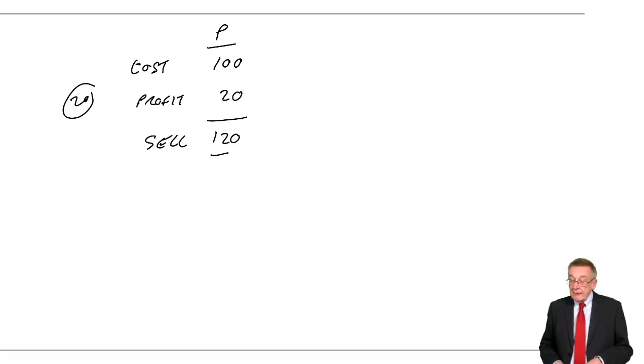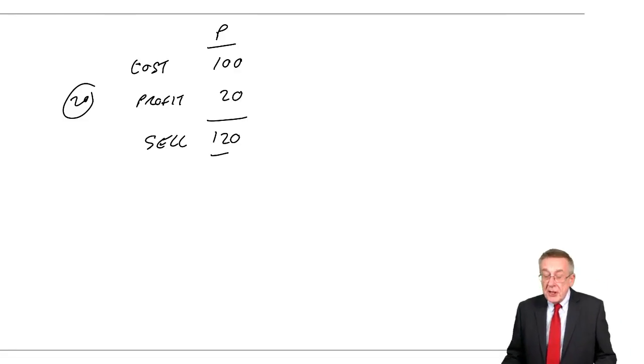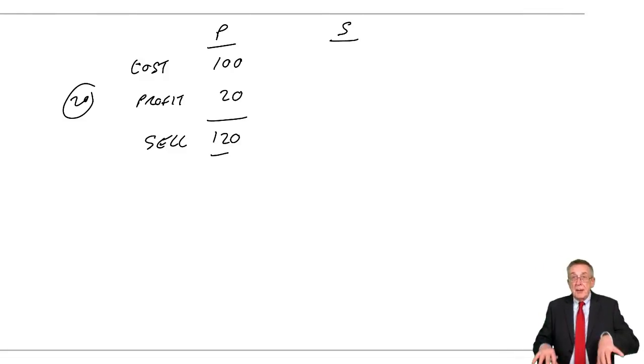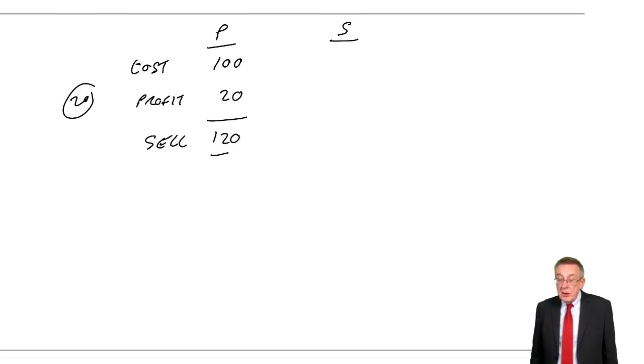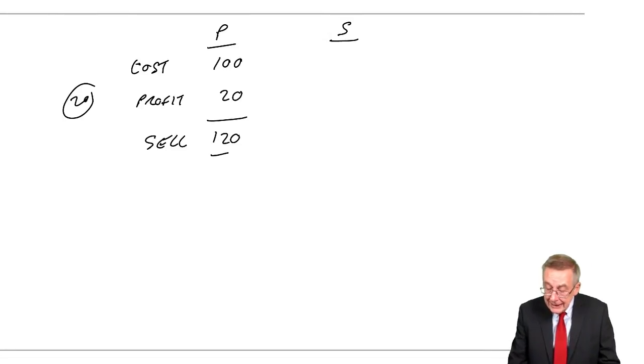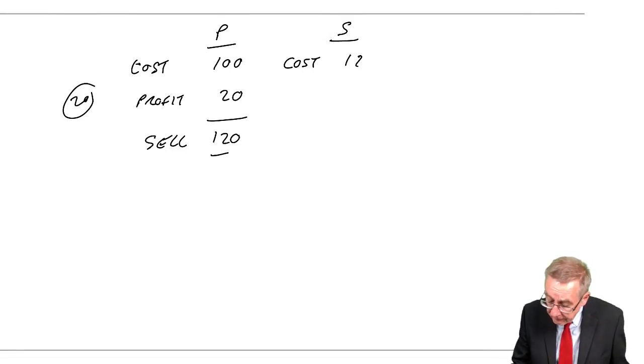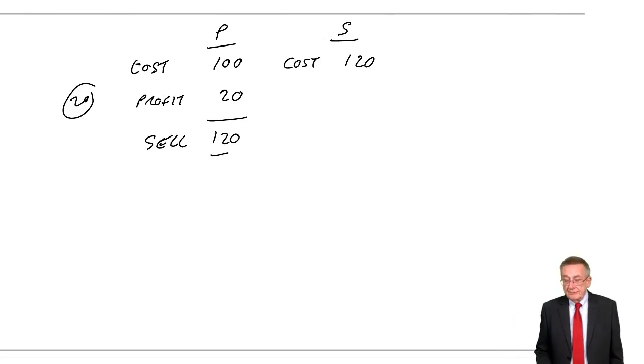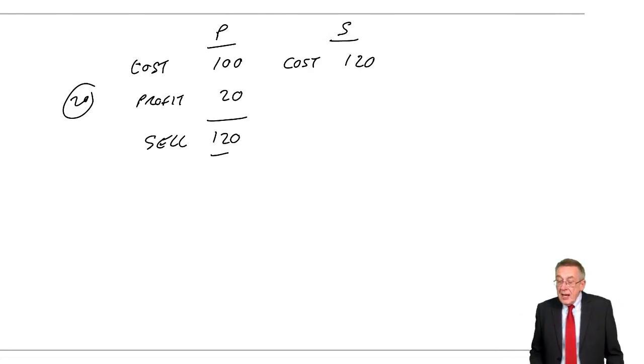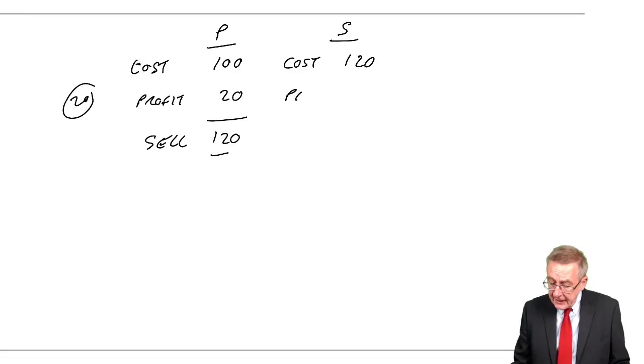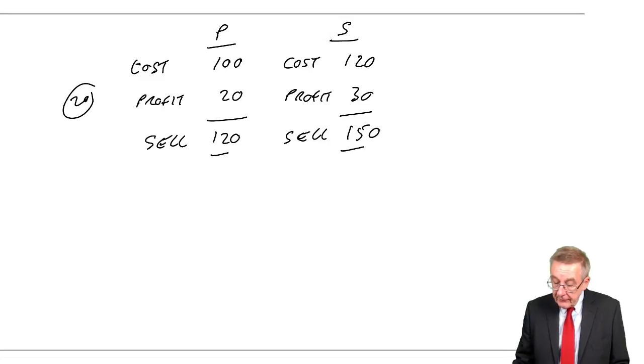Suppose those goods were sold to S. Now remember, they are two separate companies. And so if P charges 120, S had to pay 120. And S adds on a profit, perhaps they add on 30. And so they sell outside for 150.